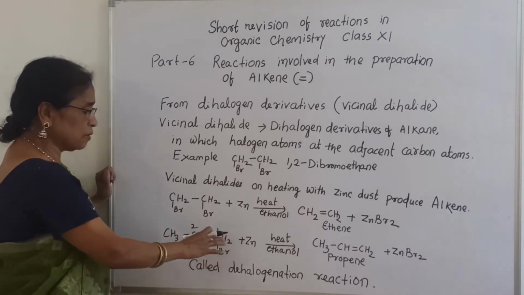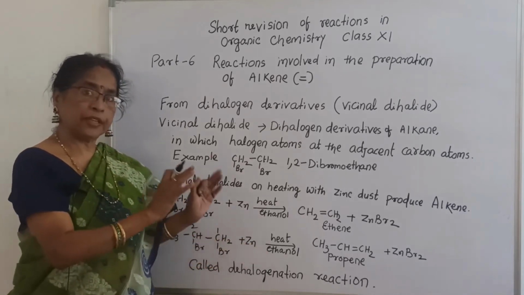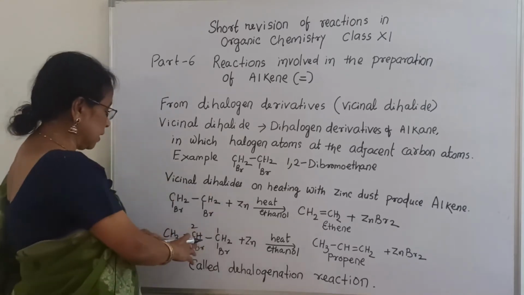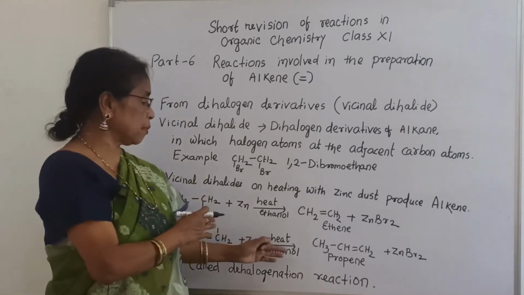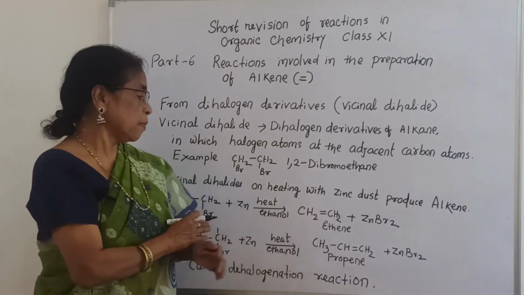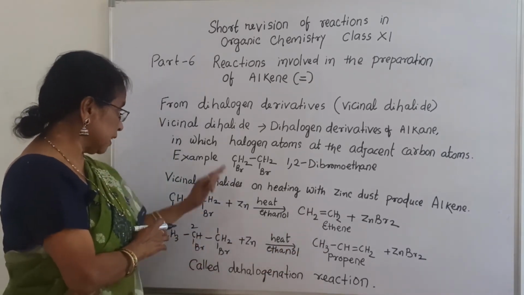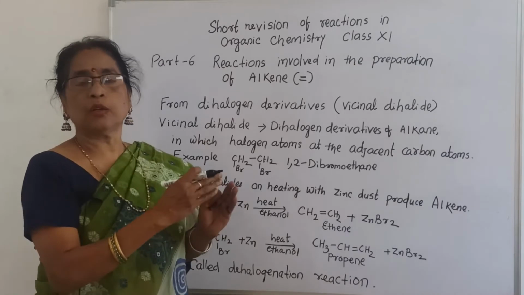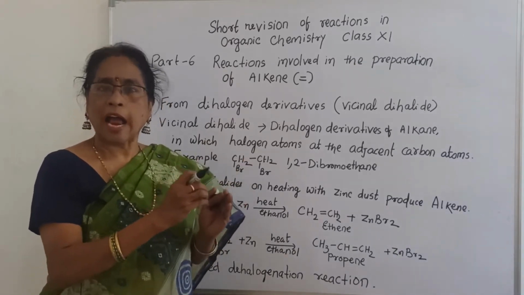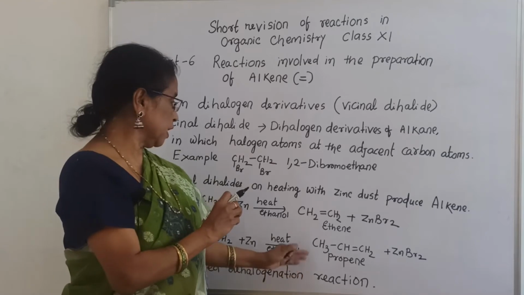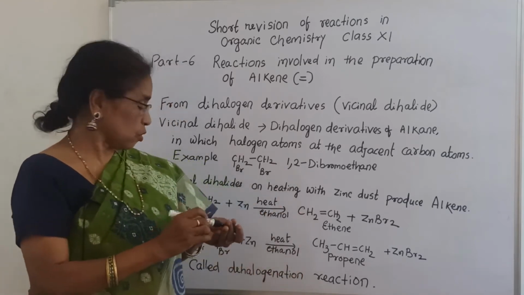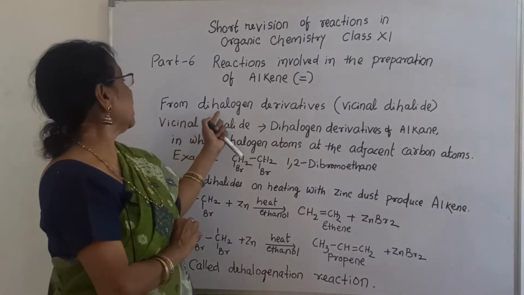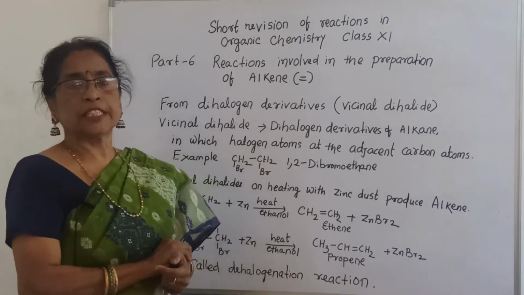When it is heated with zinc dust in the presence of ethanol as solvent, it produces propene, because three carbons are there, plus zinc bromide. The reaction is called dehalogenation. De means remove, halo means halogen. That means halogen atoms are removed. That is why this is also called a dehalogenation reaction, from dihalogen derivative, that is vicinal dihalide.